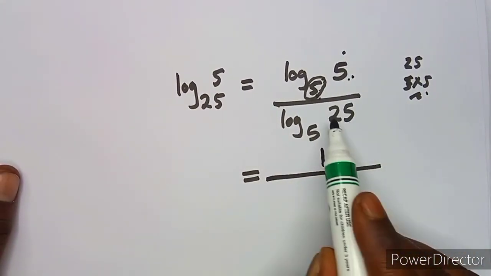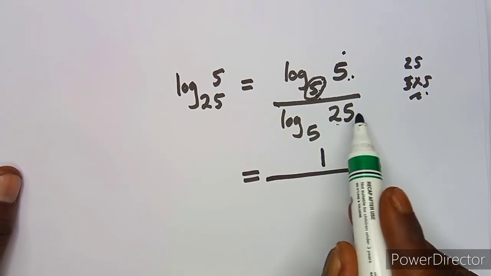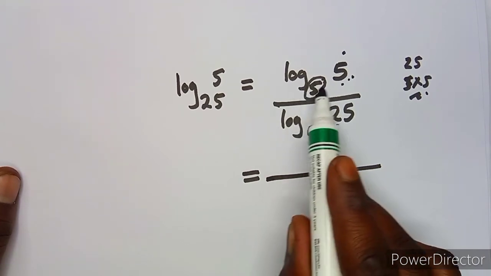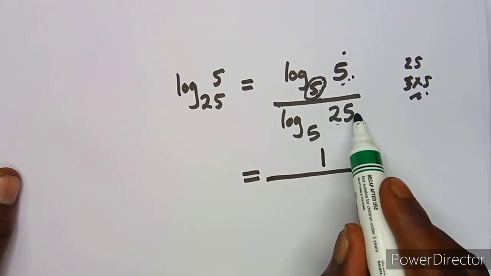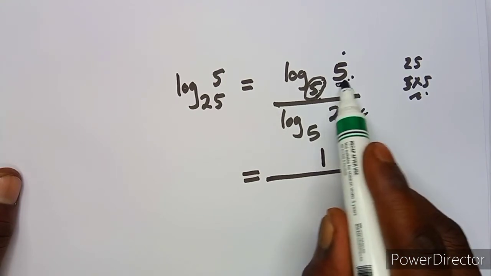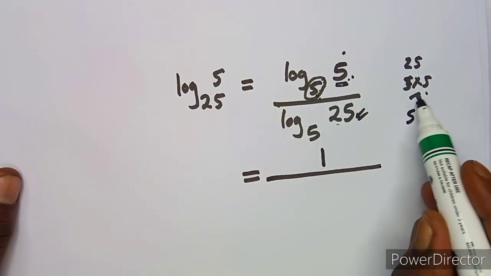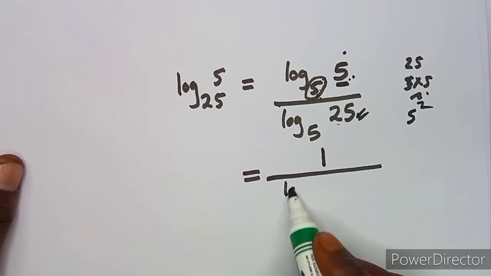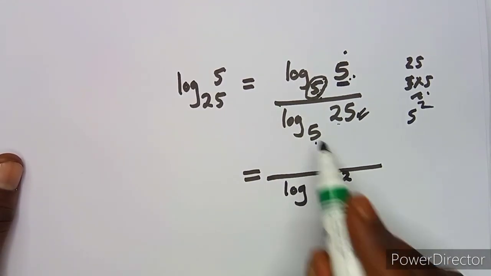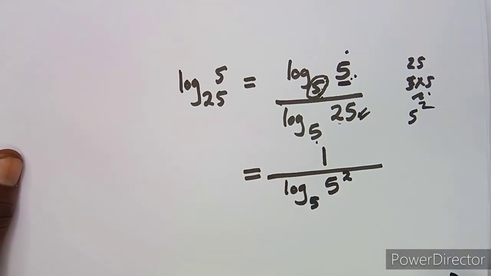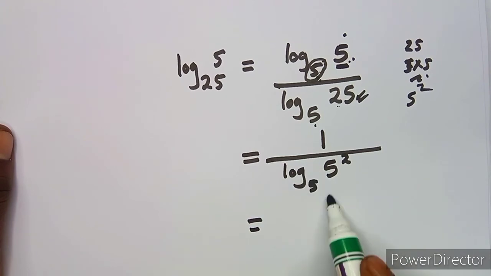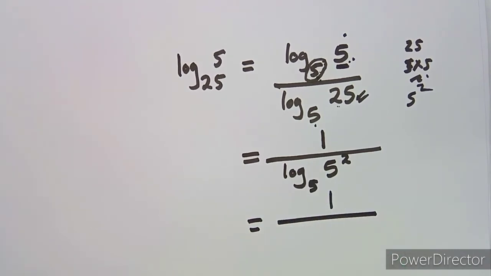How can I write this 25 in terms of 5 so that I can use the same concept here? 25 in base 5 is 5 to the exponent of 2. So this is going to be log 5 to the exponent of 2 in base 5. That means now I have got the power to drop the exponent.